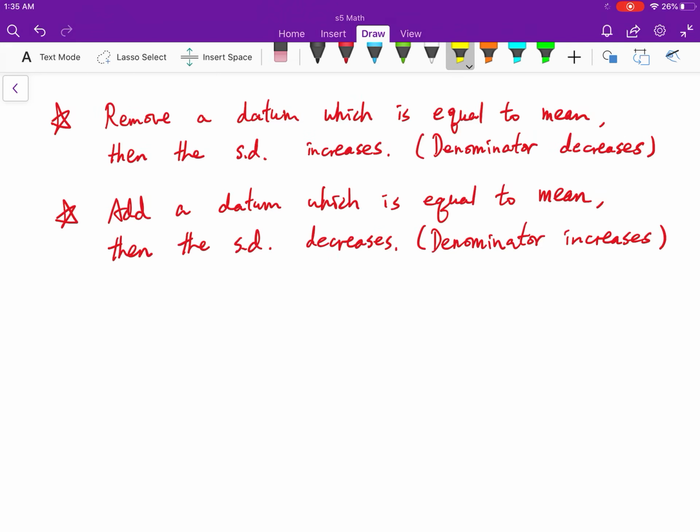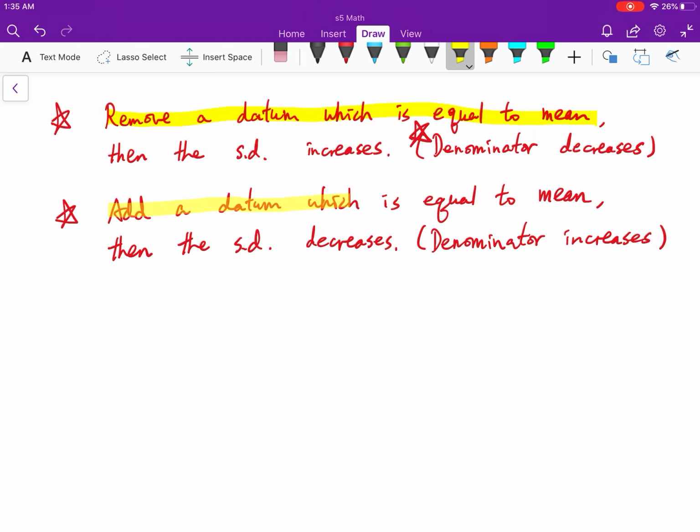So let's come to the conclusion. When you remove a datum which is equal to the mean, then the SD must increase. So this is for you to remember, okay? When you remove the datum, the total number of data is decreased, so the denominator decreases, but the numerator is unchanged.